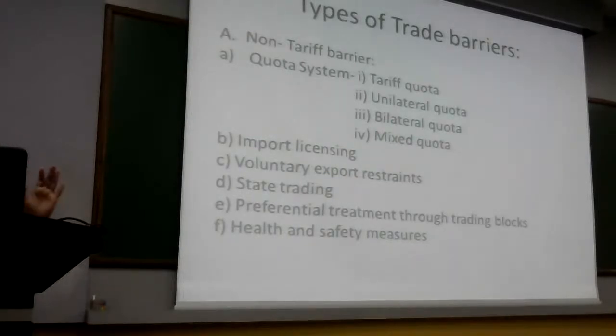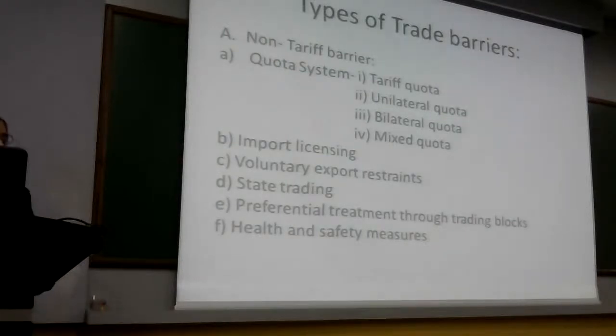For example, one company is having a manufacturing plant in India. First, that company has to utilize the raw material available in India, for example, at a proportion of 60%. After that, only you can go ahead to import the rest of the raw materials from the foreign country. Mixed quota.